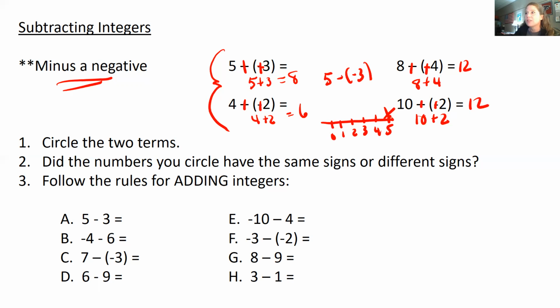No. Oh, I didn't draw my number line right. I should have gone to 8. Duh, I messed that up. Just kidding. All right, so we can't take 2 lefts on a number line. The thing that cancels out going left is another negative, which means actually we're going to go right 3 spaces and we're going to land on +8. That's why 5 minus a -3 is the same thing as 5 plus 3.